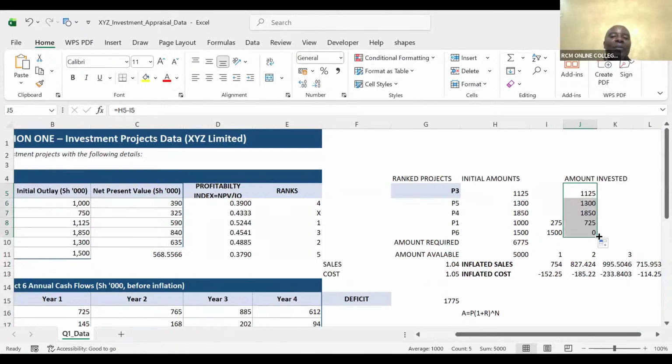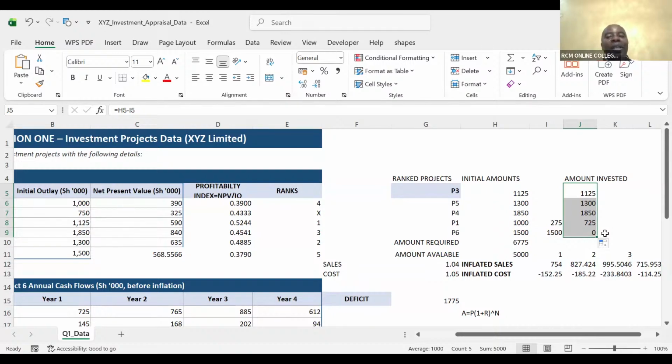So I can see, ladies and gentlemen, that I invested 1125 in project 3. When it came to project 1, I had wanted to invest 1,000, but you see there was the concept of returning back. And remember that this is a project that is divisible. So you're subtracted nicely. I can see project 6, I'm not going to invest at all.